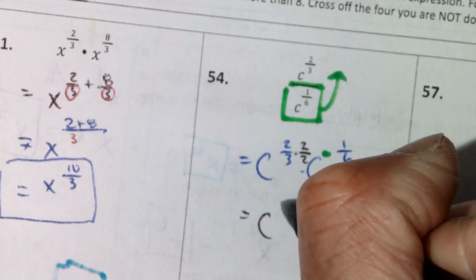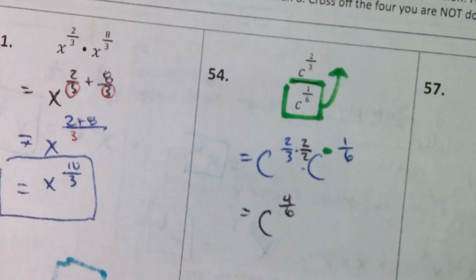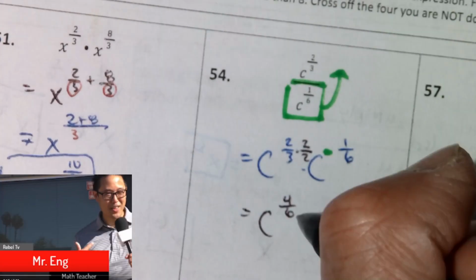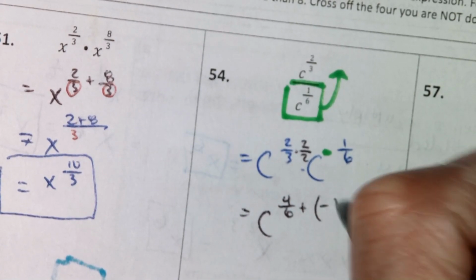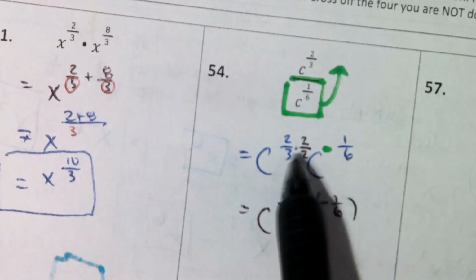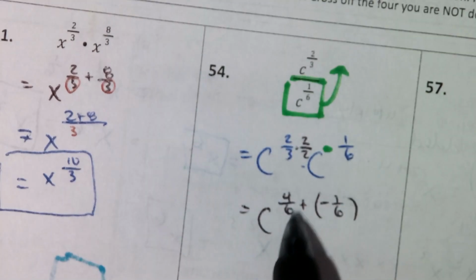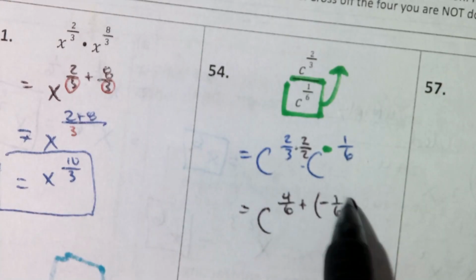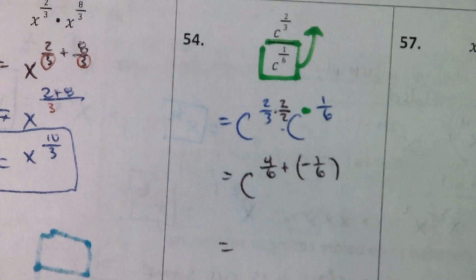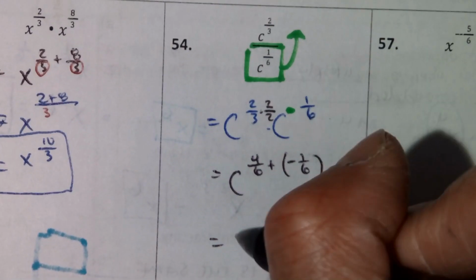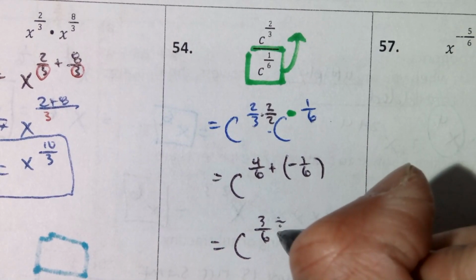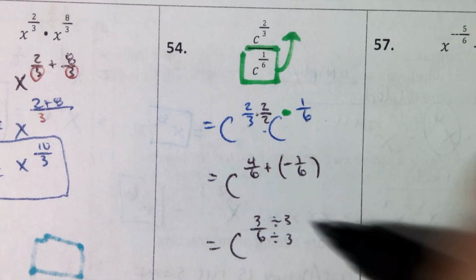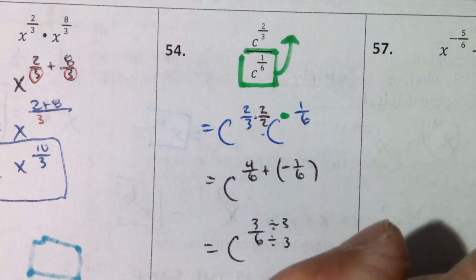So c to the 4/6 plus a negative 1/6. It'll essentially be 4 plus -1 or 4 minus 1, which will be 3/6, and we divide it by 3, so I get c to the 1/2 is my answer.